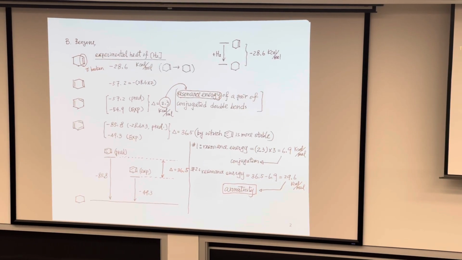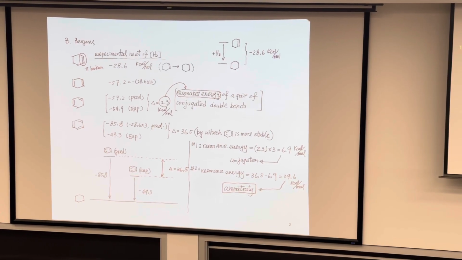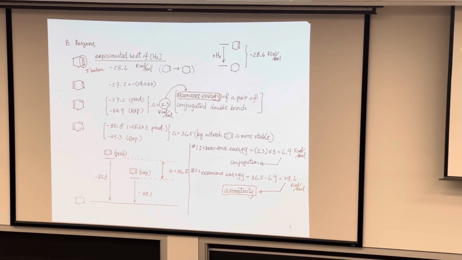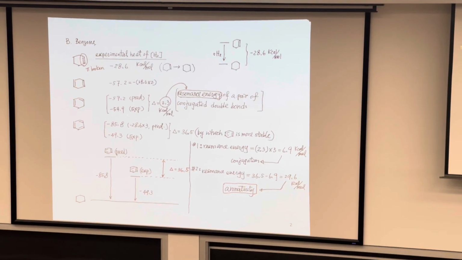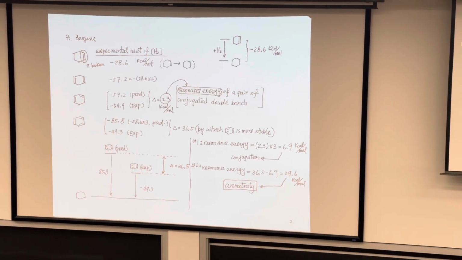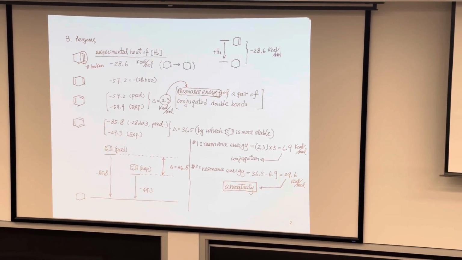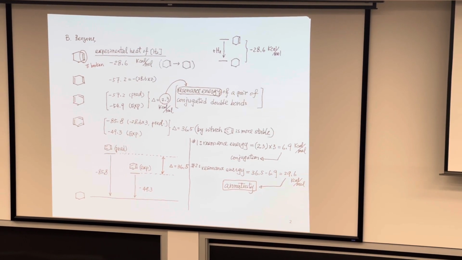I found that energy is supposed to be released that much, but now the energy released is less. We only released 54.9. We were supposed to release more energy, but now less energy is released. Are we okay here? That means the molecule is more stable than what we expected.